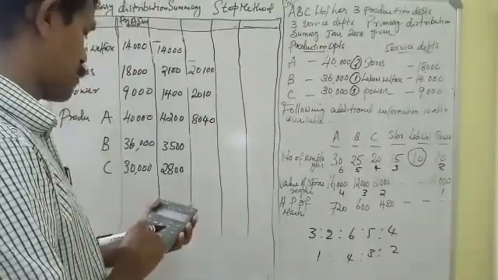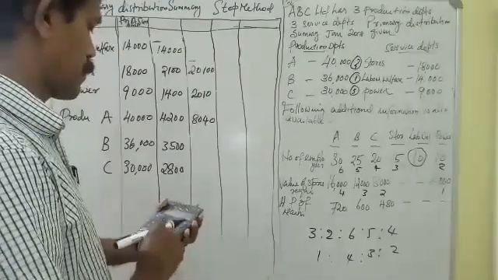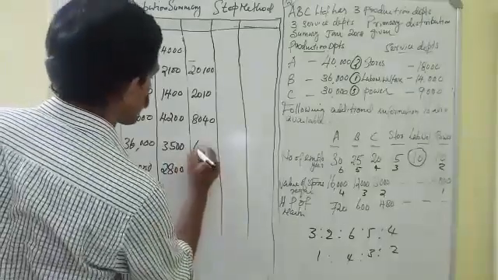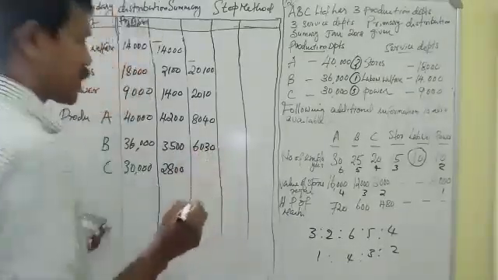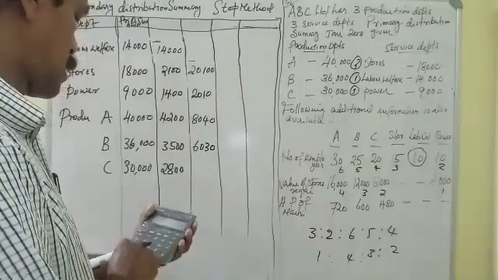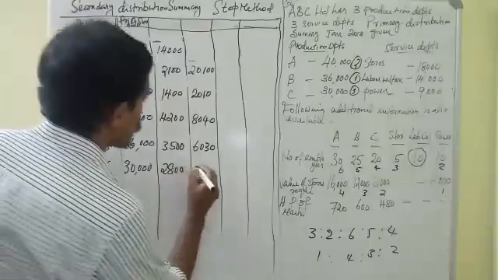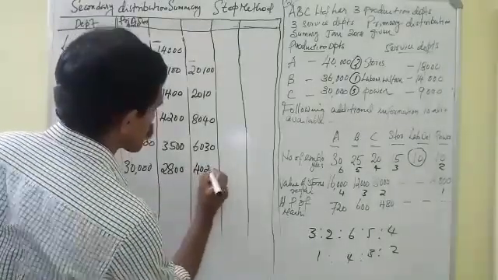Then for our department B, 6,030. Then for department C, 4,020.